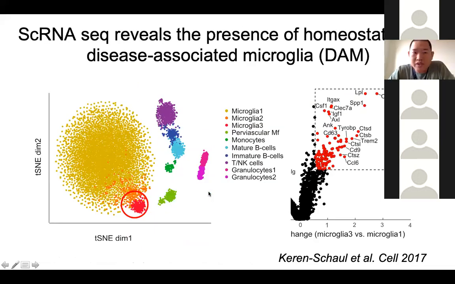Moreover, a recent single-cell RNA-seq analysis of microglia in 5XFAD mice showed that microglia transition from a homeostatic pattern to a degeneration or disease-associated pattern, which we call DAM.